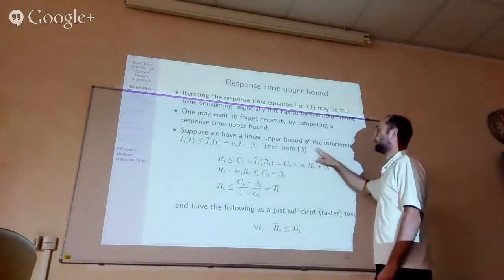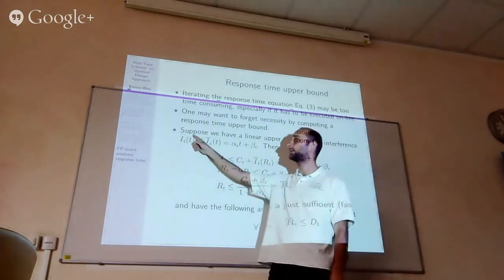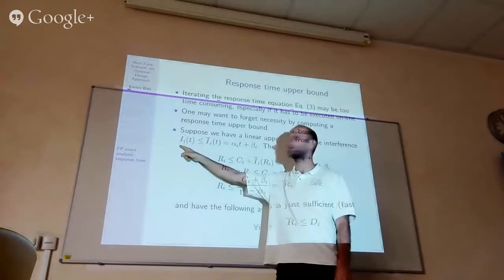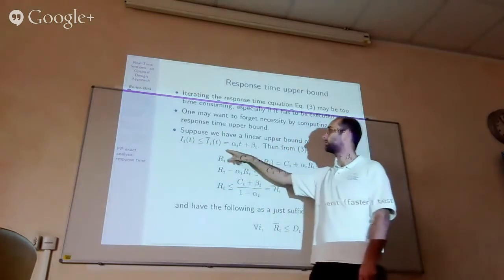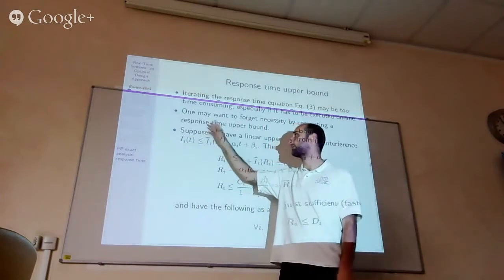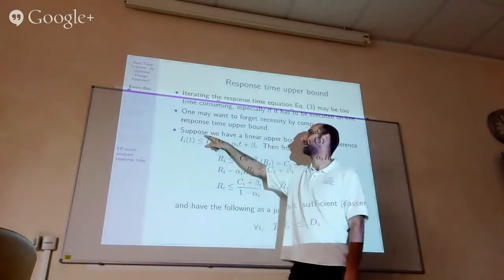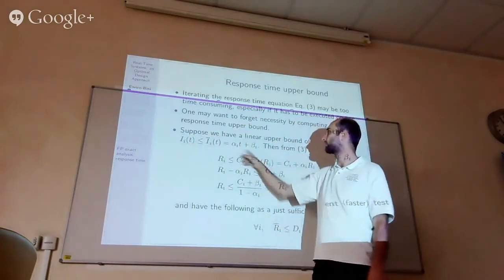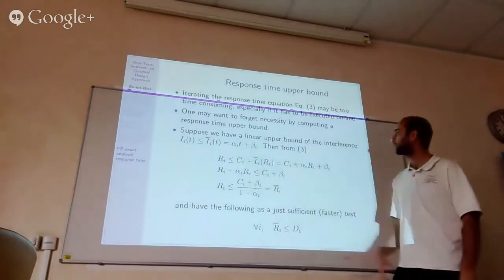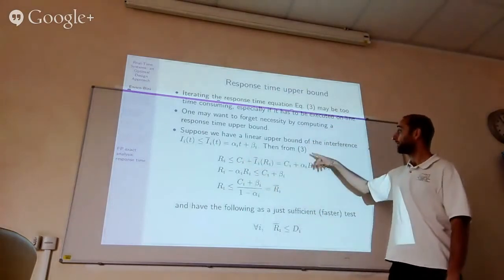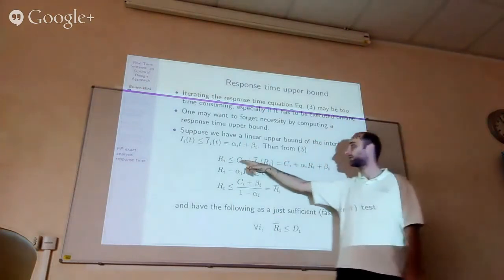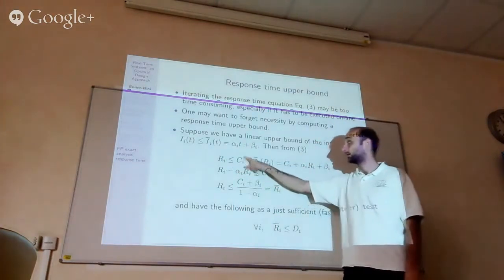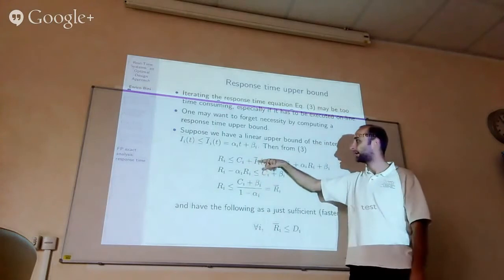If we find a way to estimate the interference of high priority tasks by a linear function, so we just say, okay, look, this interference is upper bounded by some I bar, equal to some linear function of time, okay? Then from equation 3, the response time equation, we have response time less or equal than the upper bound.